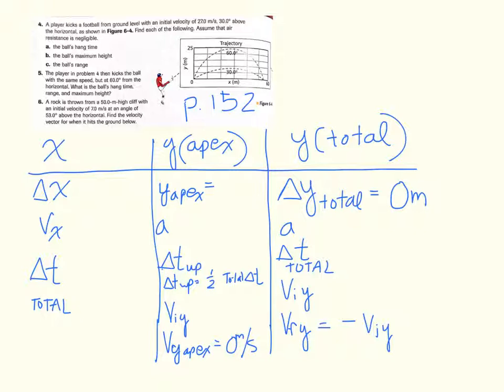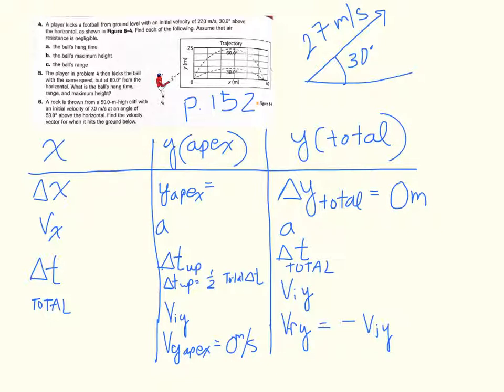All right, we know that the initial velocity is 27 meters per second at an angle of 30 degrees. Okay, now that initial velocity, v0, is not given anywhere in my table.